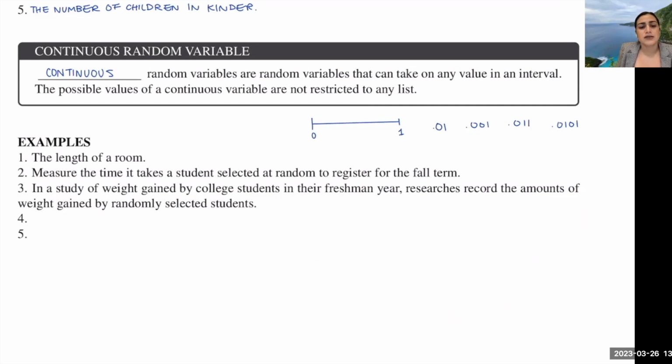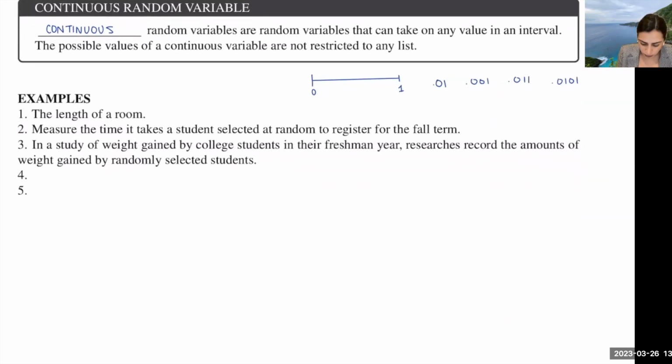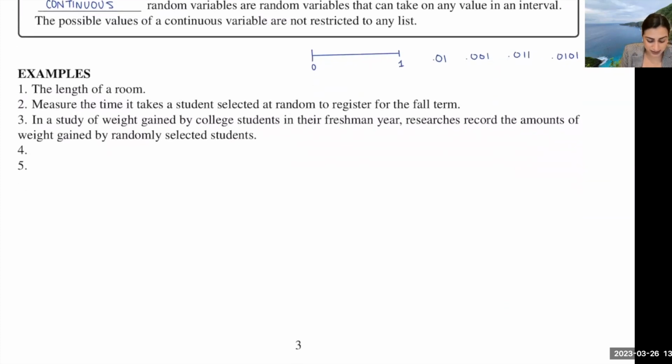Measure the time it takes a student selected at random to register for the fall. In a study of weight gained by college students in the freshman year, researchers record the amount of weight gained by randomly selected students. The other one would be the height of students in a statistics class. That's an example of a continuous random variable.